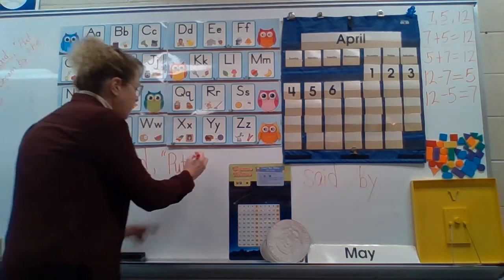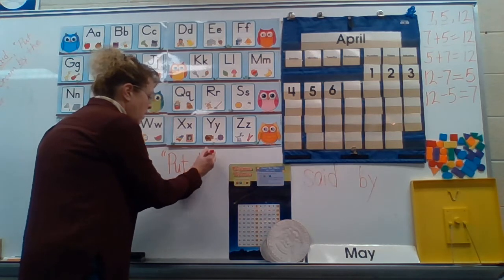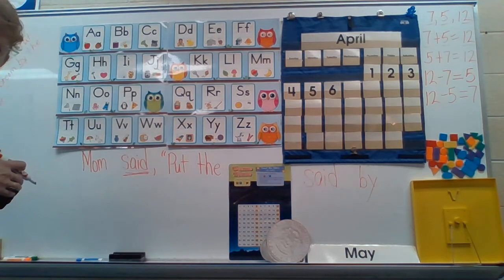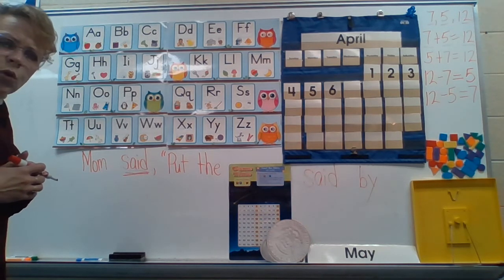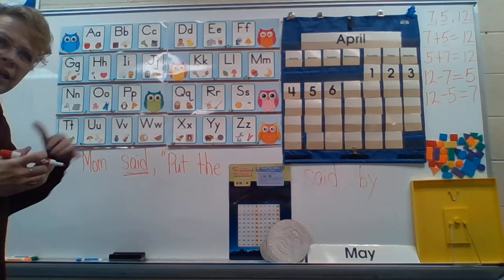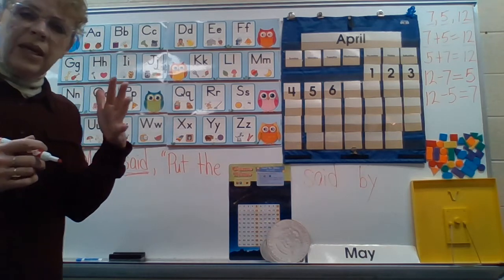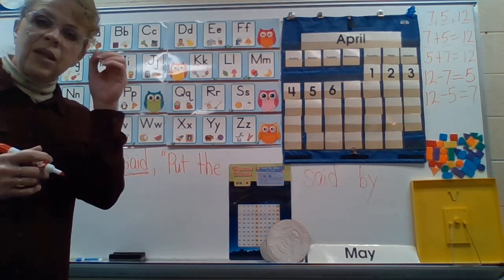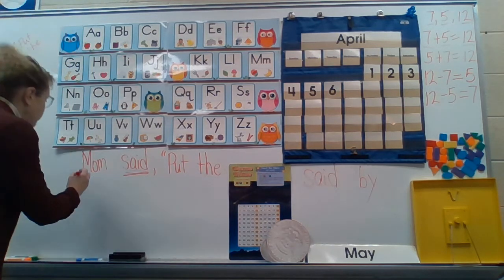So put, leave a nice space, the, T-H-E. What do you hear at the beginning of broom? I hear 2 letters that blend together at the beginning. Brr. I hear B and then R at the beginning.